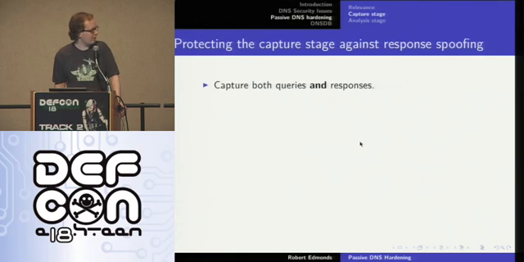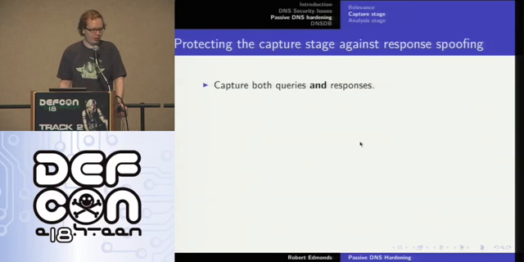So let's move on to the protections that we've implemented on top of the basic passive DNS idea. It's actually relatively easy to protect the capture stage from spoofing. In order to make our DNS sensor at least as reliable as the DNS cache that it's monitoring, we need to capture both the outgoing queries that the cache is generating and the incoming responses that it gets back.